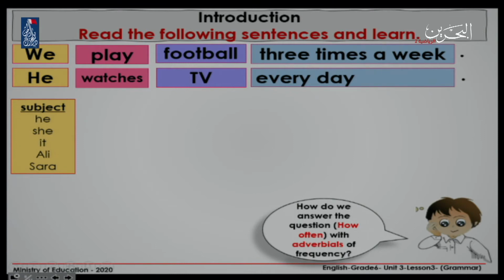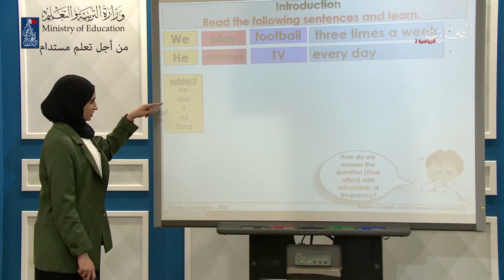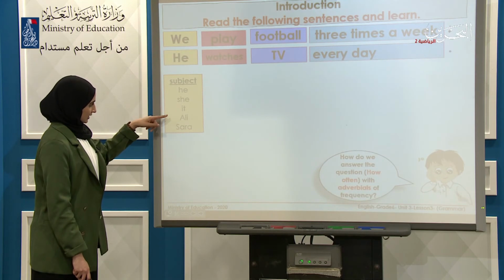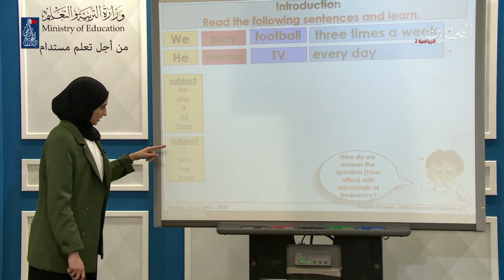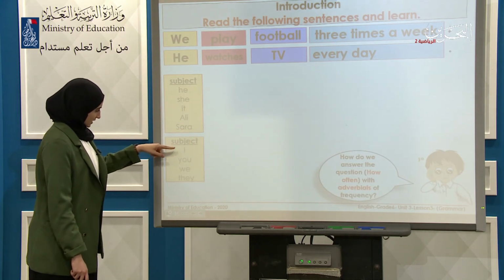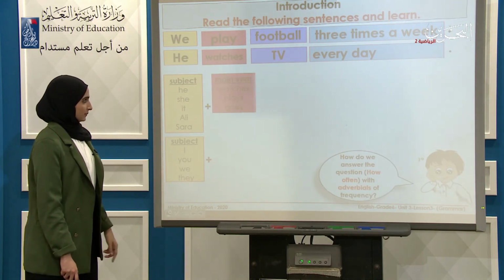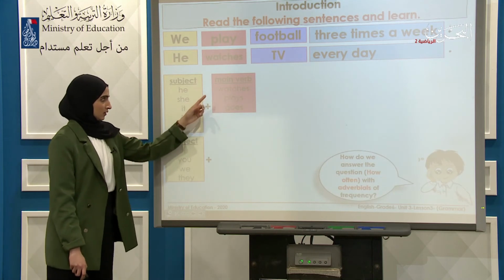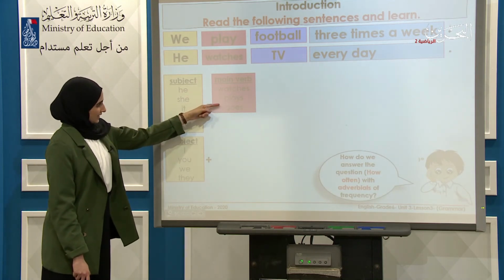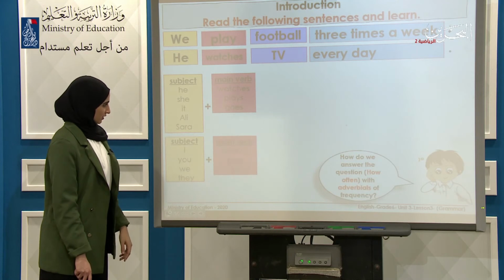You have to start with a subject like he, she, it, Ali, Sarah, or you can say I, you, we, they, plus the main verb: watches, plays, goes.